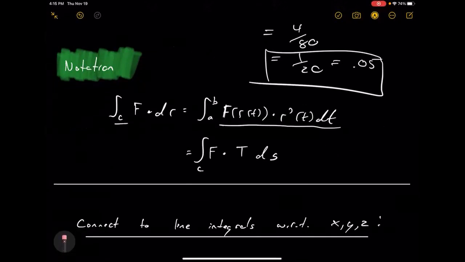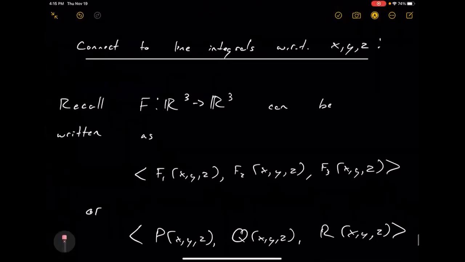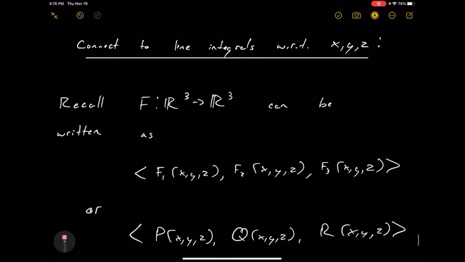Now, real quick, just to wrap up and connect to those annoying line integrals with respect to x and y, we can write these line integrals of the vector field in terms of line integrals with respect to x, y, and z.